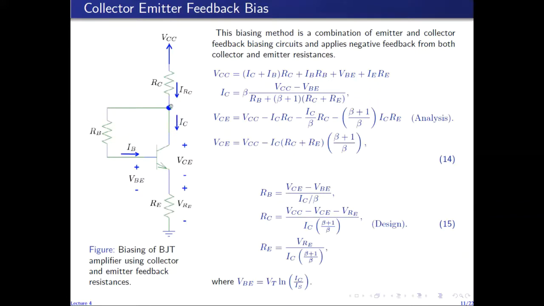So the voltage at this node, which is the collector node, the voltage at collector with respect to ground is VCE plus VRE. Similarly, voltage at base with respect to ground is VBE plus VRE. So when I take the difference, VRE will get cancelled out, and I'll be left with VCE minus VBE. So RB is given by this simplified expression.